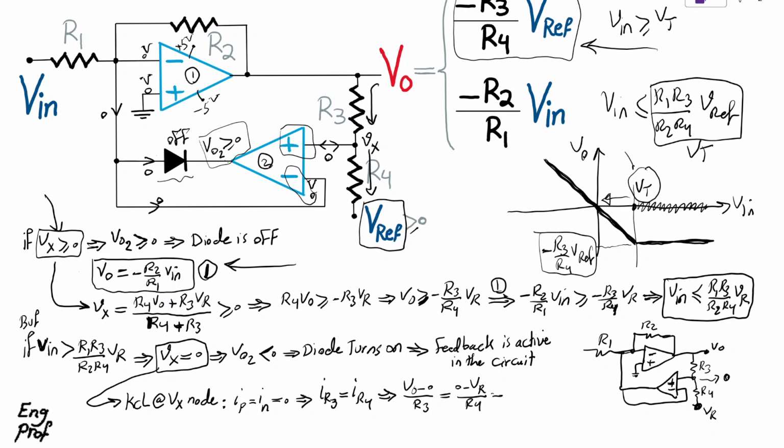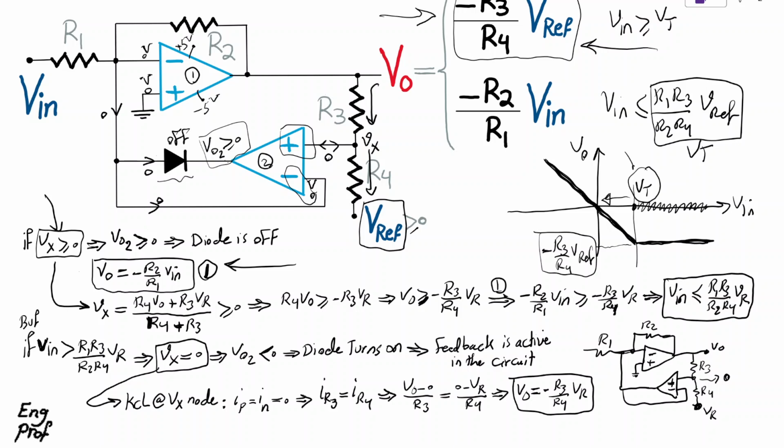You can see that this translates to the equation we were looking for: Vout becomes negative R3 over R4 times Vreference in this scenario. And that's exactly the equation in the first line we were chasing.